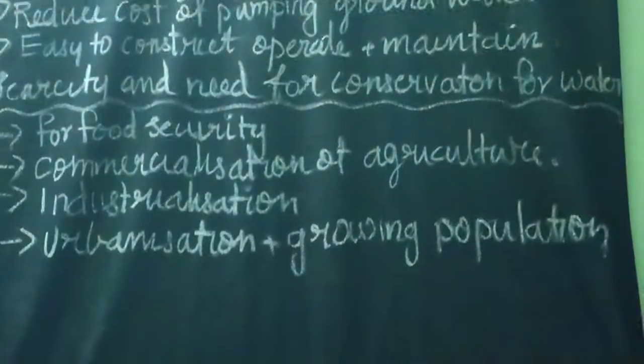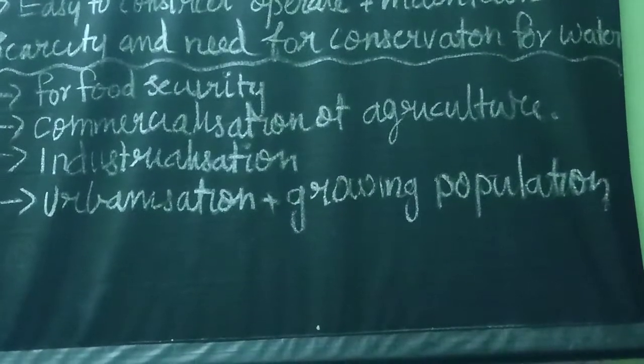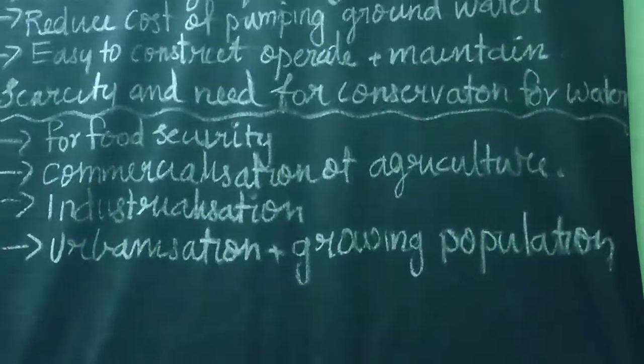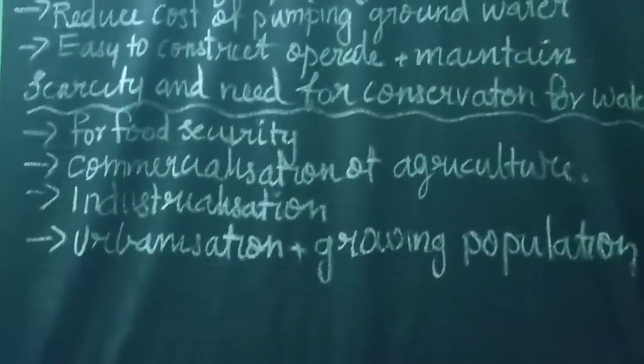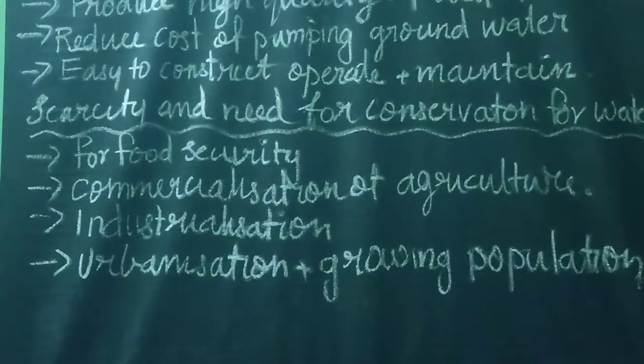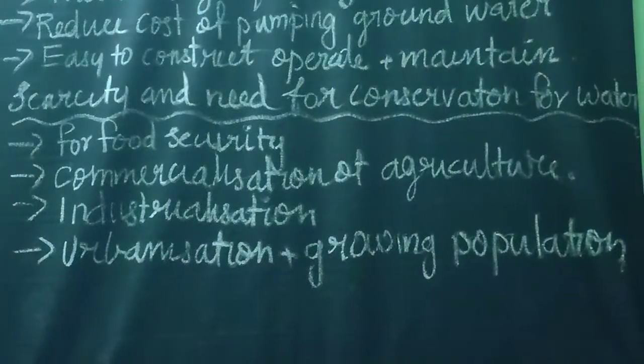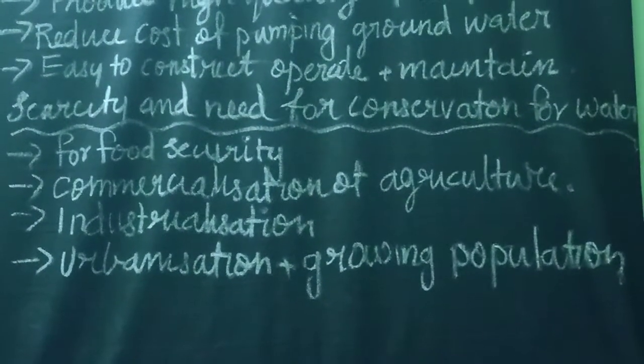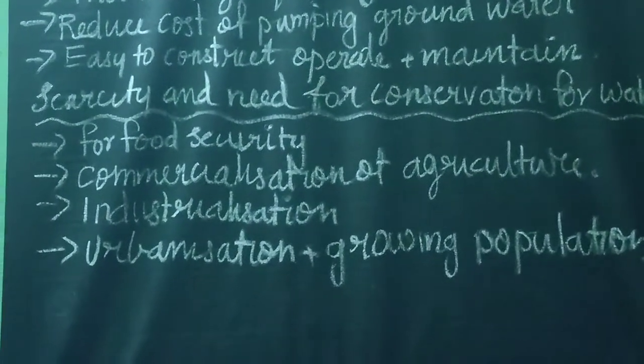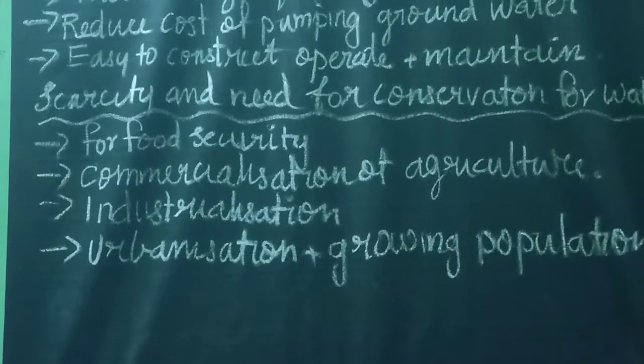Because of all these reasons, industrial and agriculture related pollution is making water unfit for consumption and irrigation also. So unlimited use in industries and agriculture is polluting the water, and that water is not suitable for consumption and irrigation. That is another problem.